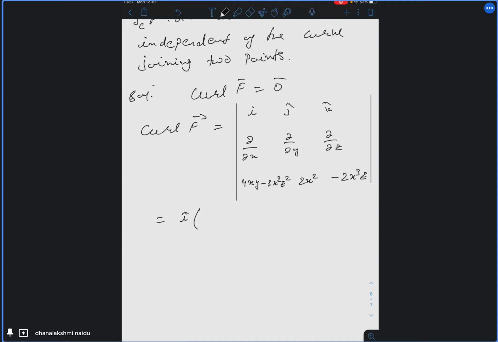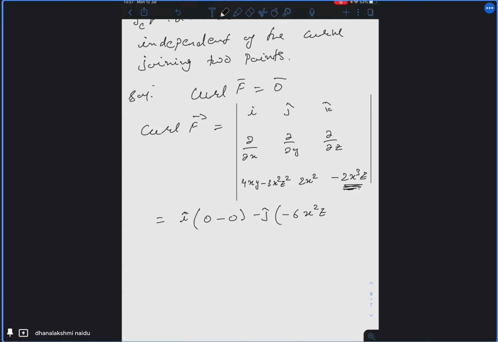With i cap, this term needs to be differentiated with respect to y. No y variable, so 0. Then this term needs to be differentiated with respect to z. No variable, so 0. And minus j. With j, this term needs to be differentiated with respect to x, so you will get minus 6x square z.